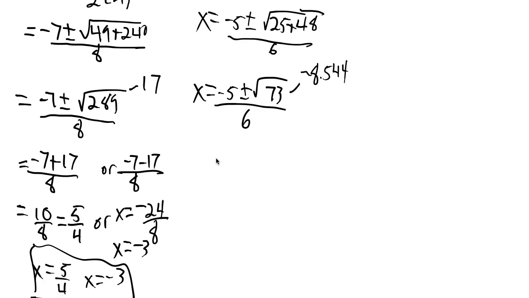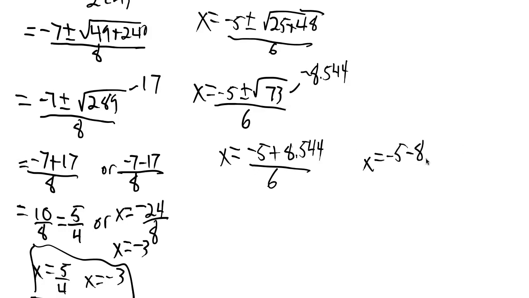So let's split this up. We get x is equal to negative 5 plus 8.544 over 6, and we get x is equal to negative 5 minus 8.544 over 6. So this becomes x is equal to negative 5 plus 8.544 is 3.544 divided by 6.